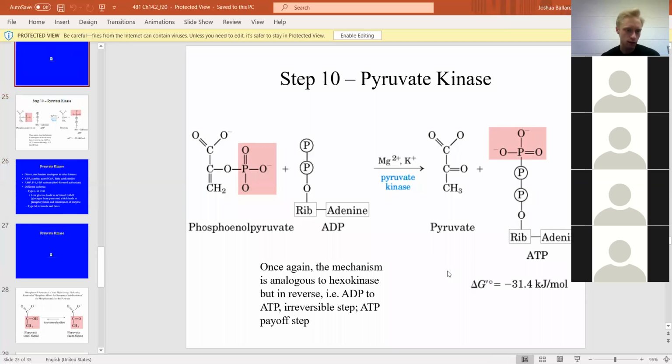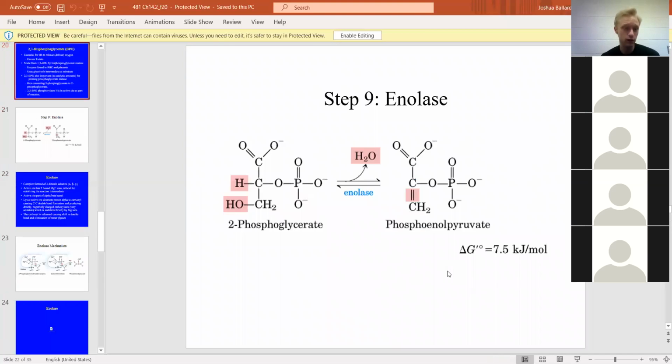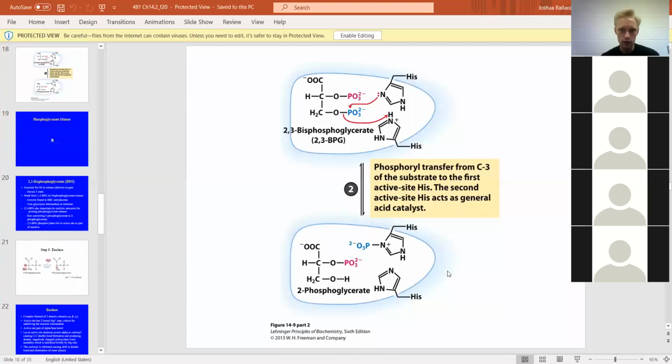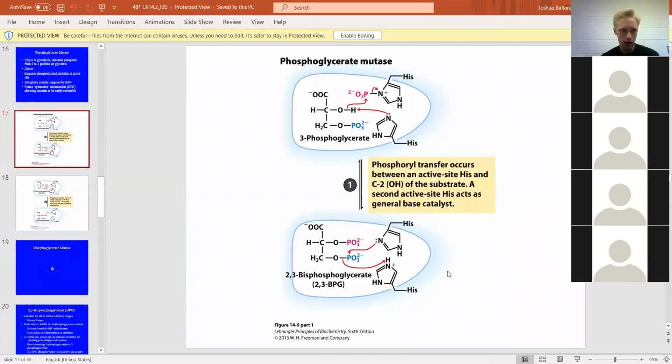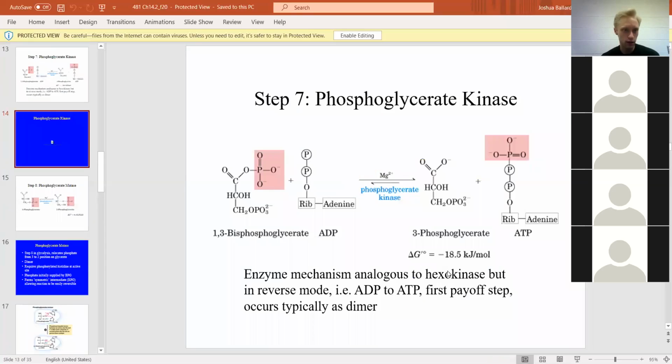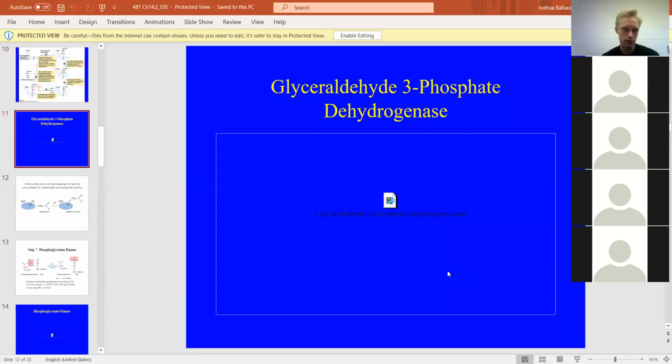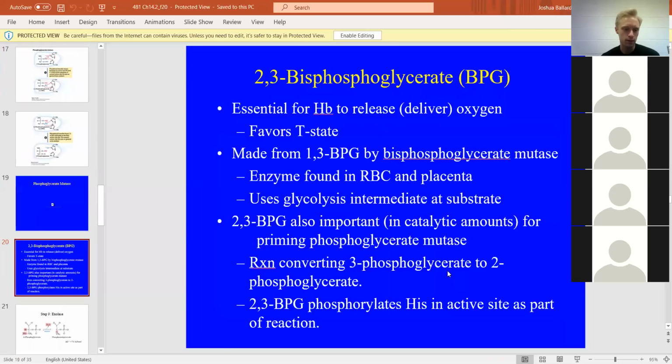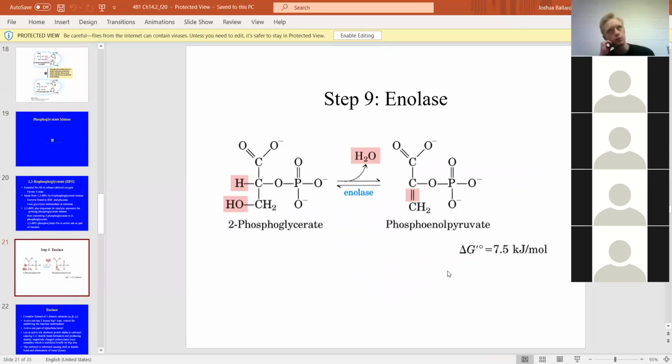I think enolase is unique. Step 8's also unique. Mostly it's just steps 1, 3, 7, and 10 that are the most similar. But steps 1 and 3 go one way, and then steps 7 through 10 go the opposite direction.